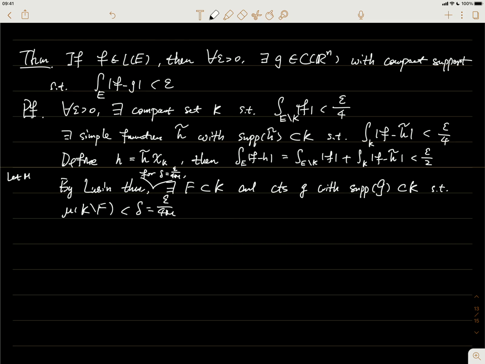is not assumed, actually it must be the case, because h is a simple function. So let m be greater than 0 such that h is bounded by m. Okay, I'm going to use this to get this delta. Then we choose this delta to be epsilon over 4m, where m is the bound for the simple function h.